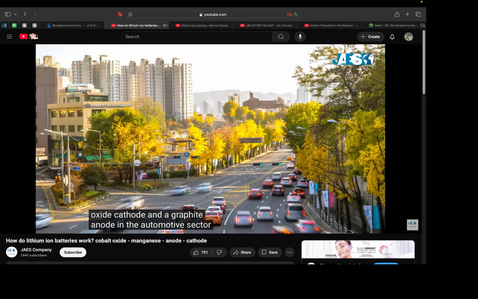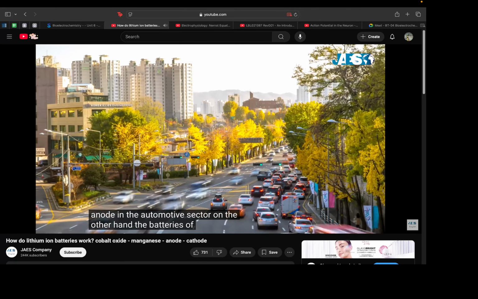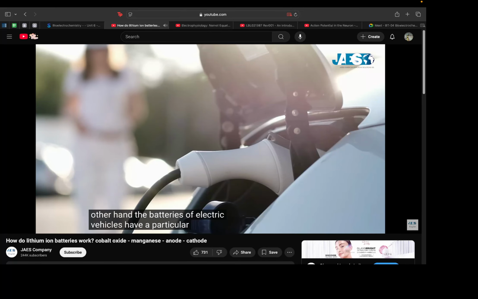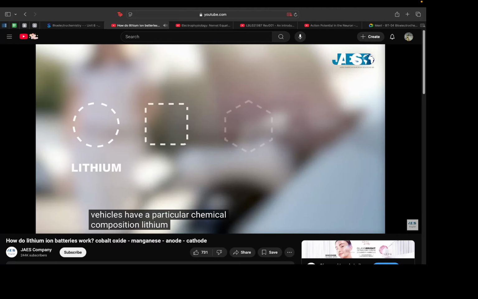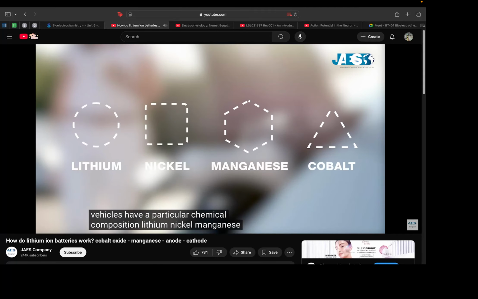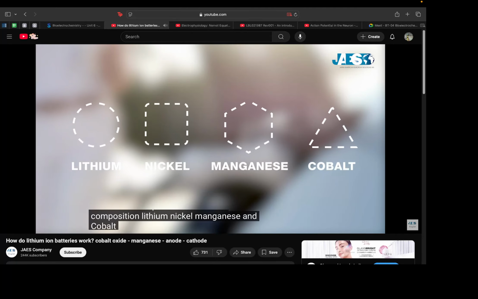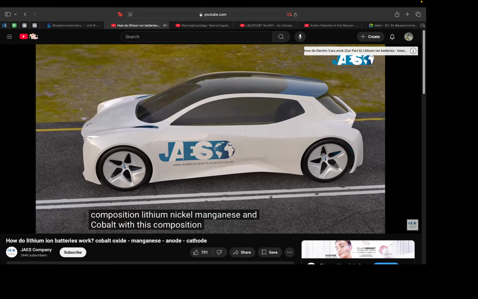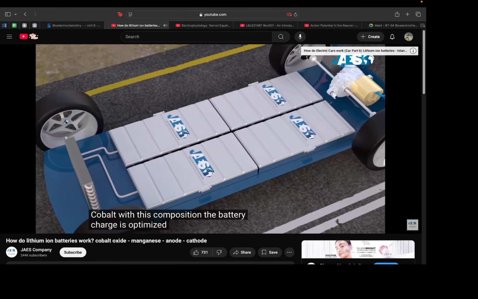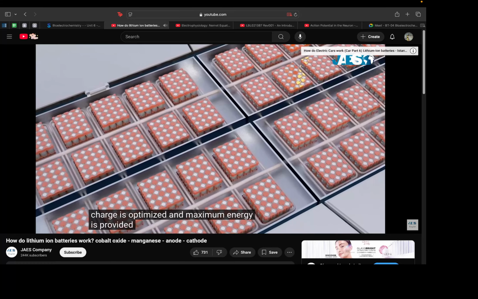In the automotive sector, on the other hand, the batteries of electric vehicles have a particular chemical composition: lithium, nickel, manganese, and cobalt. With this composition, the battery charge is optimized and maximum energy is provided.